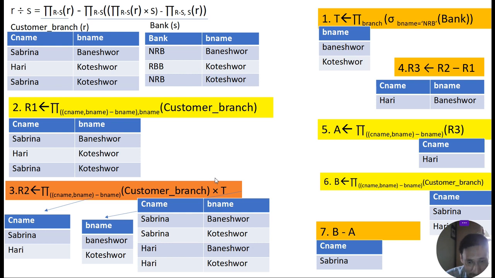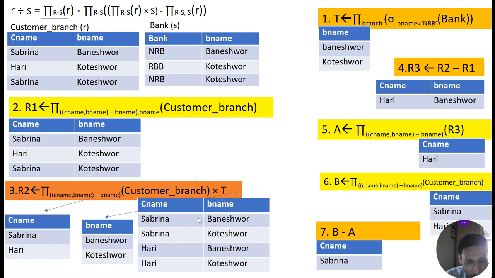And T is our name of the branches. So we will do the Cartesian product of these two tables. This is part 1, this is the second part. This is the table we get after doing the Cartesian product between this table and this table. We are giving this table the name R2.